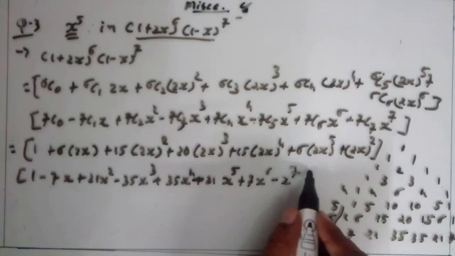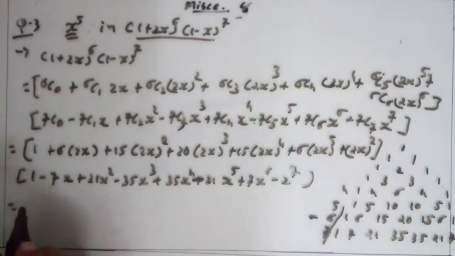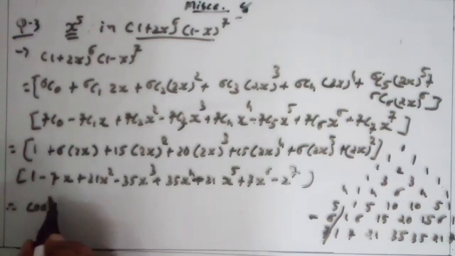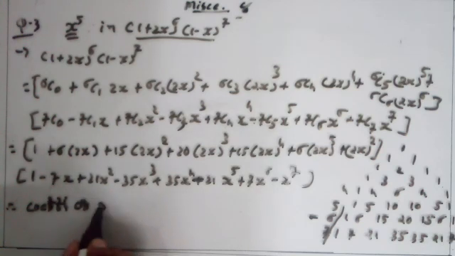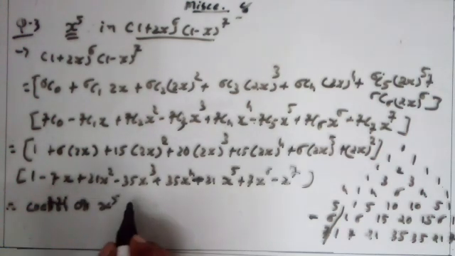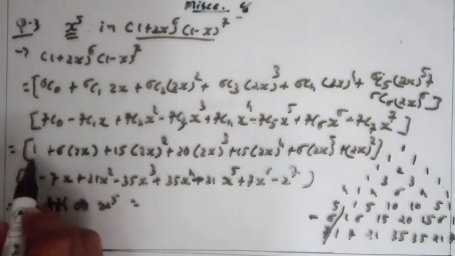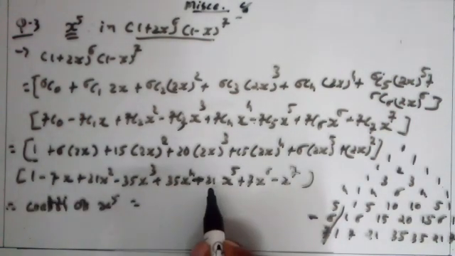Clear? Now find the coefficient of x raised to 5. Therefore the coefficient of x raised to 5 is equal to 1 into minus 21 x raised to 5.